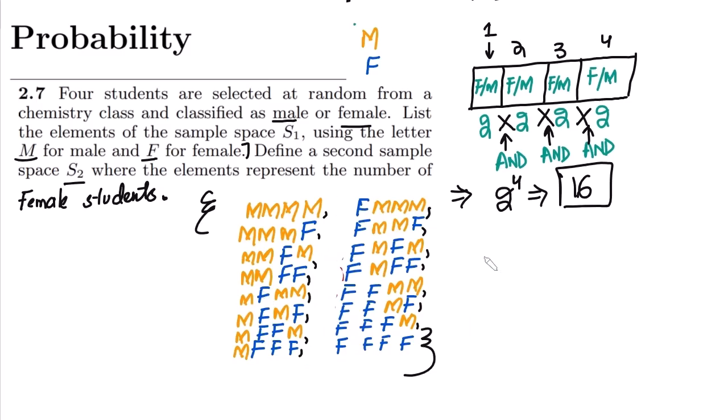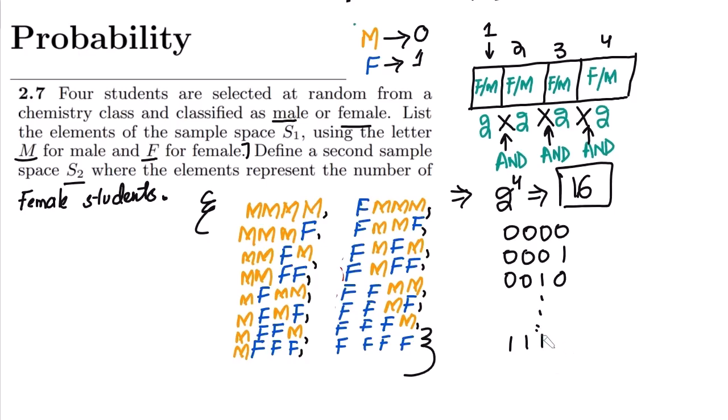In binary communication, I can write here m with 0 and female with 1, so I can see that in any binary or digital communication systems or in digital arithmetic, those would be 0 0 0 0, 0 0 0 1, 0 0 1 0, up to 1 1 1 0 and then 1 1 1 1.